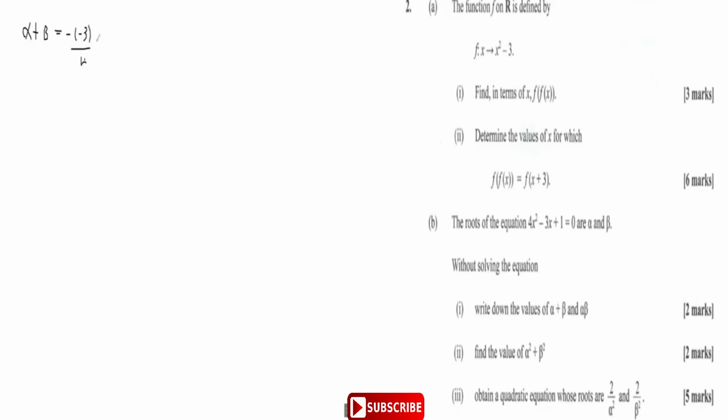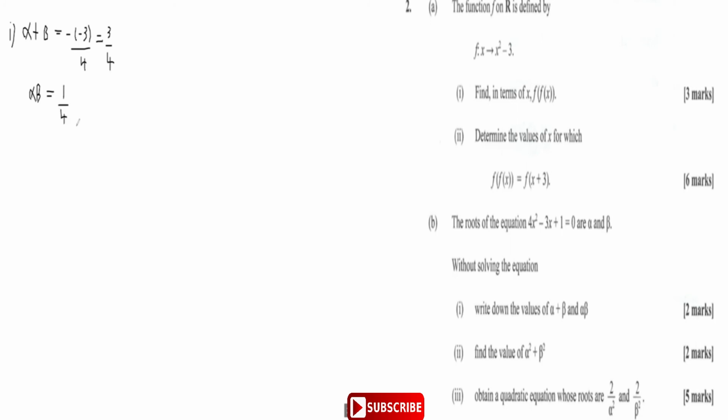So alpha plus beta is 3 over 4. Next we need alpha beta. Alpha beta is equal to c over a, and so alpha beta is equal to 1 over 4.